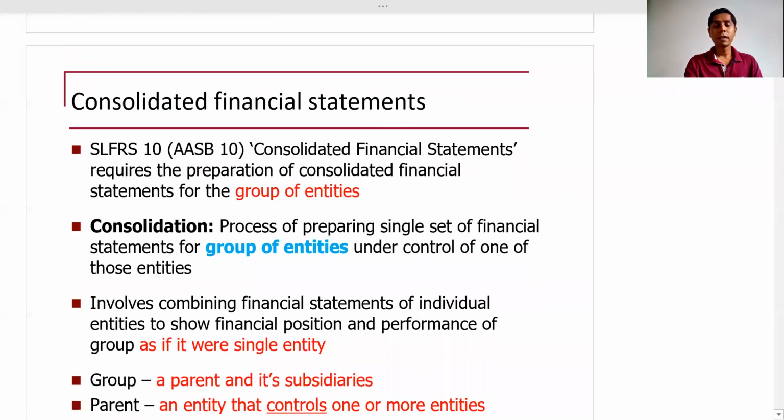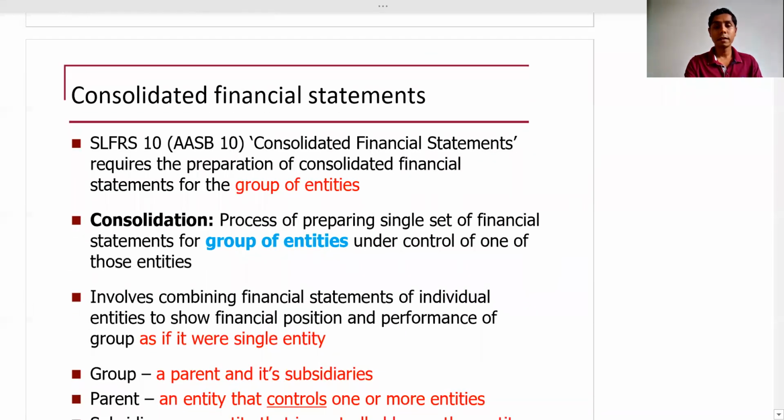Yesterday we finished SLFRS 3, business combinations. I think you have the required knowledge on business combinations, which will be important for consolidated financial statements.